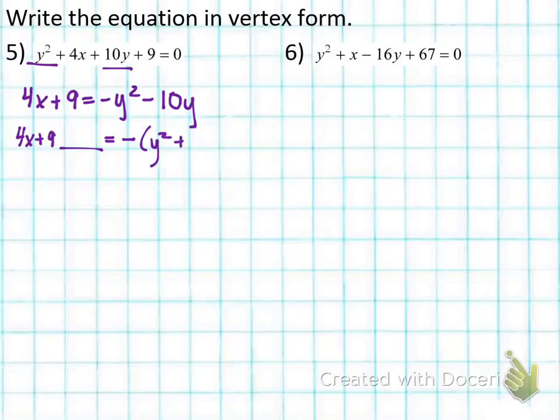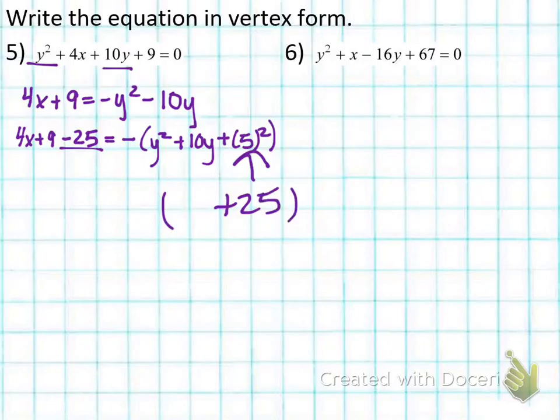So I have y squared plus 10y plus half of 10, which is 5, squared. I'm adding 5 squared in the parentheses, so I'm adding 25. But it's being multiplied by a negative 1, so really I'm subtracting 25 from this side. That's why I subtract 25 from the other side as well.